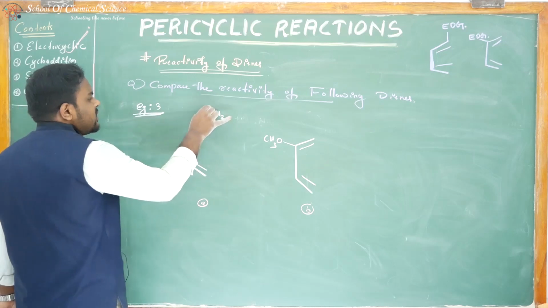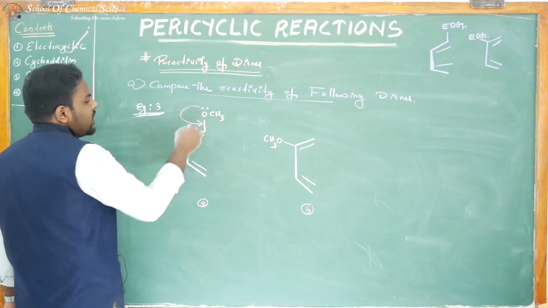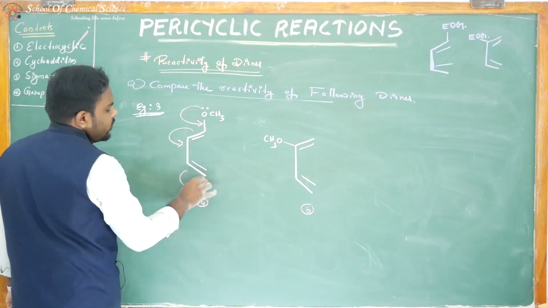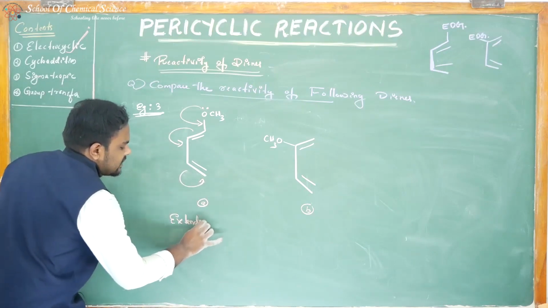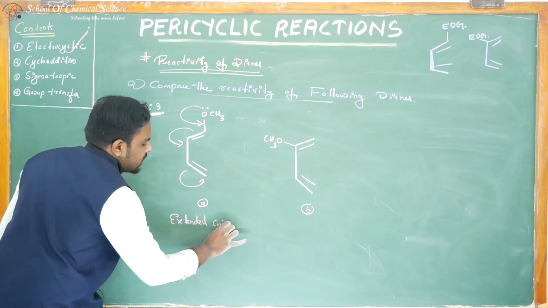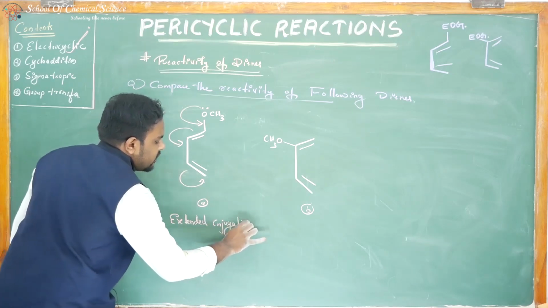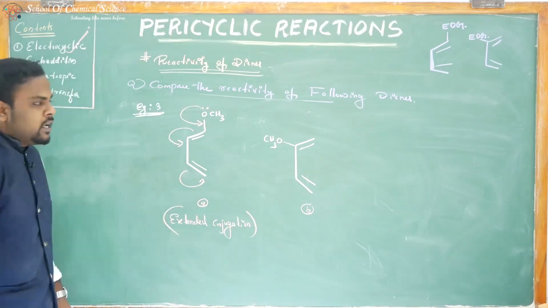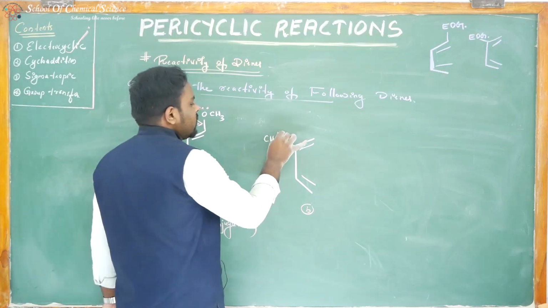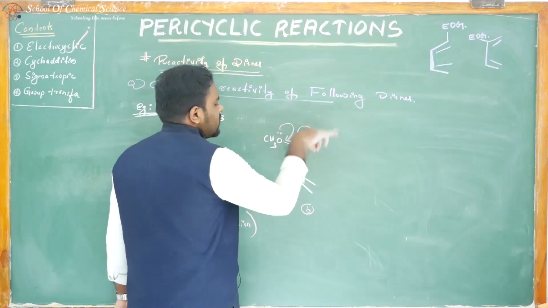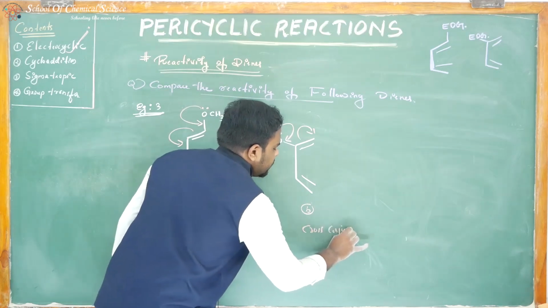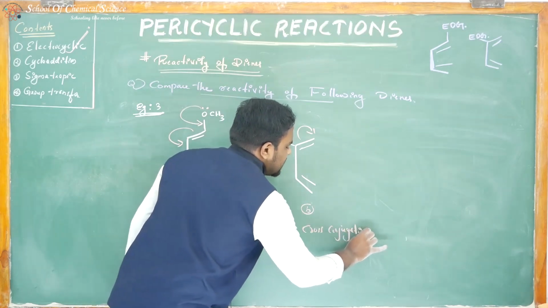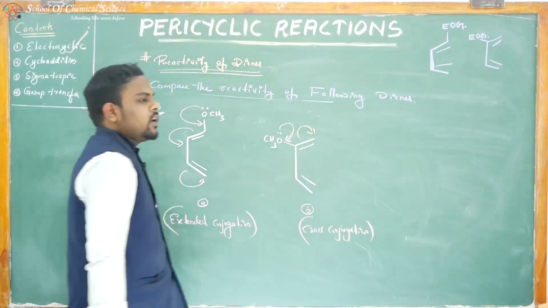Here, this oxygen will donate its pi electron towards here, this will move towards here, this will move towards here. Extended conjugation is present. But here, this will move towards here. This is cross conjugation. So in the first case, extended conjugation, but here cross conjugation.